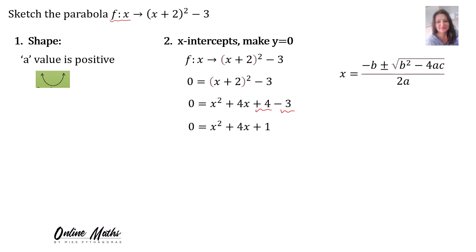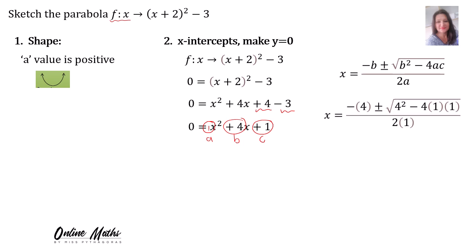Now, to use the quadratic formula, a's value is 1, b's value is plus 4 and c's value is plus 1. Into the quadratic formula, x is equal to minus bracket 4 plus minus the square root of 4 squared minus 4 times 1 times 1, over 2 times 1.